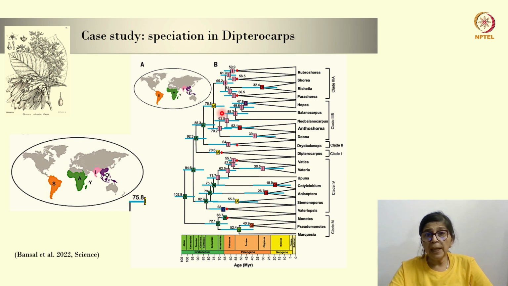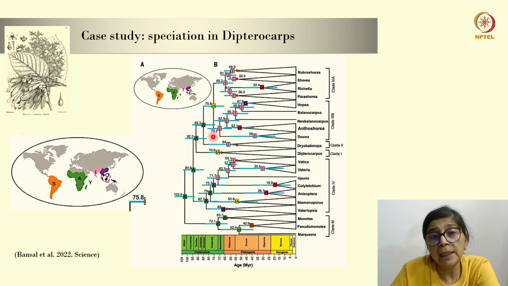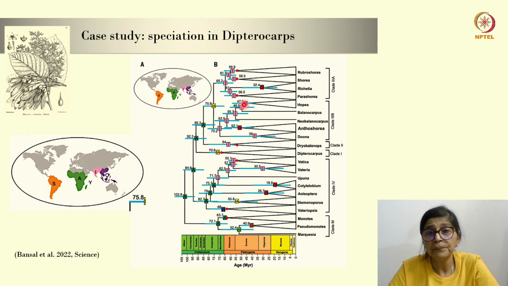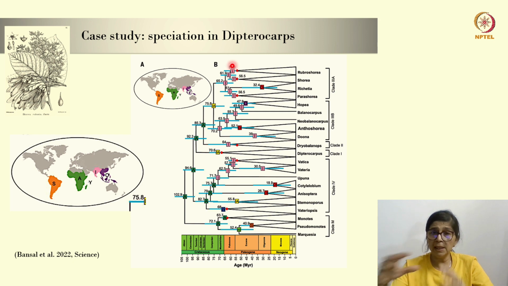Then these pink ones, you can see they are all marked I, which means the Indian origins. So you will be able to see that the Indian lineage, although it came a little bit later, almost 75 or 70 million years ago, had ancestral species that diverged into multiple genera within this Southeast Asian and Indian region.